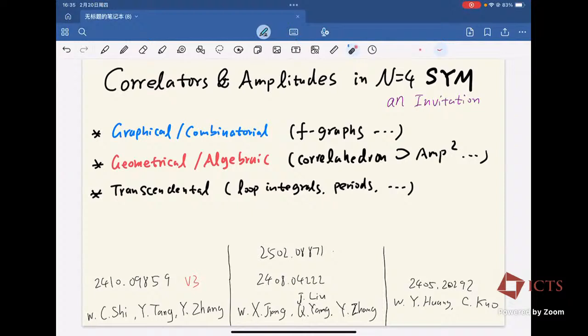In this paper, we connect the amplitude squared to the energy correlator, which I'll briefly mention. In this paper last week, we studied some loop integrations with Shihan and others. And in this paper with Yuting and Jiakai, we studied the geometry related to correlators.